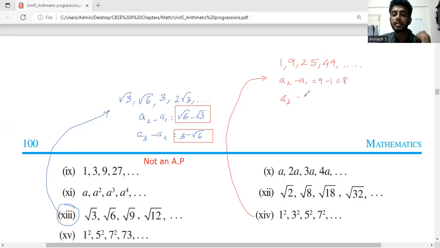And then A3 minus A2 will be 25 minus 9. This will be 16. So here also we can clearly see the differences do not match. It's very obvious. So therefore here also we conclude by saying it's not an AP. So this is how we do the 13th and 14th subdivisions.